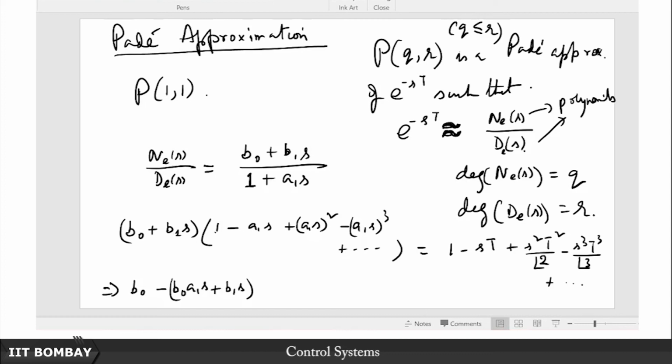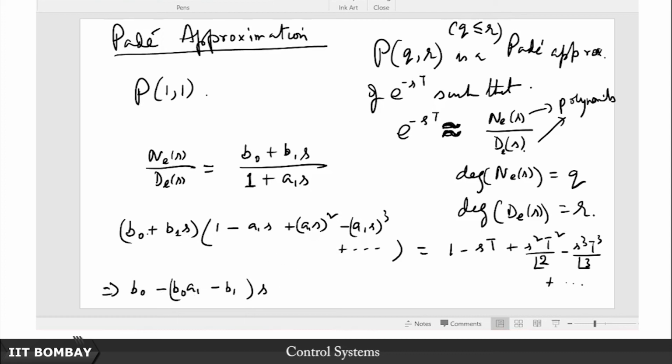So b1 s minus b0 a1 s. Excuse me, that should be a minus, and then let me pull out the s from here. Yes, I can pull out the s, because I'm just pulling out the negative sign as common. So it's minus b0 a1 plus b1.